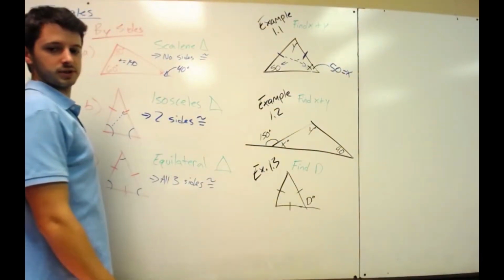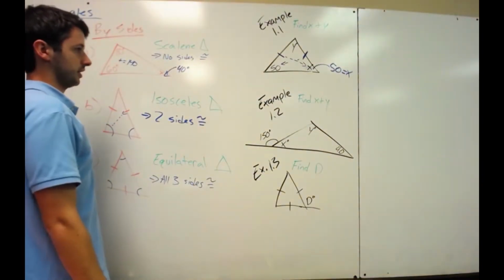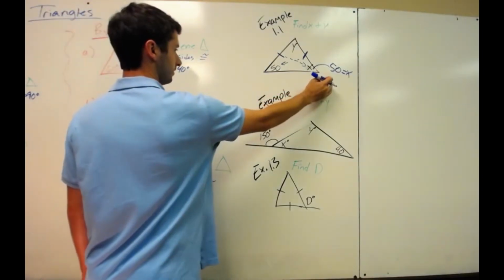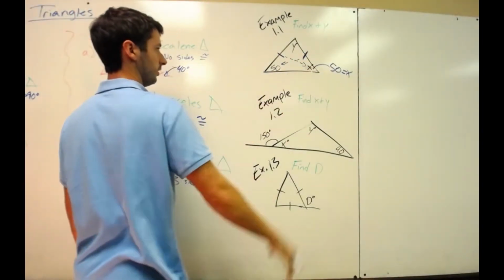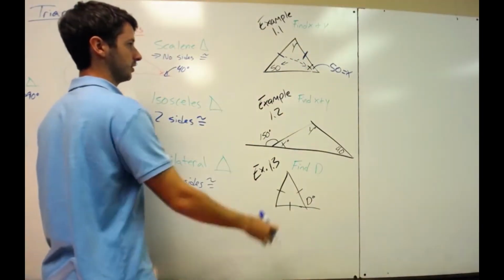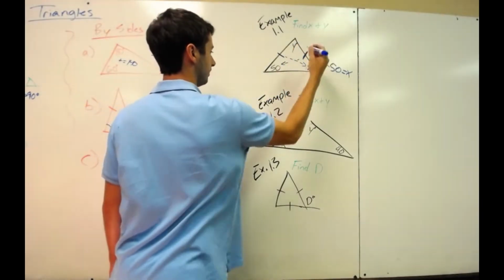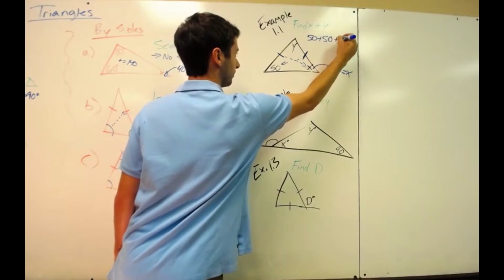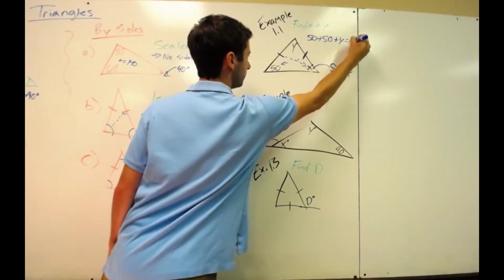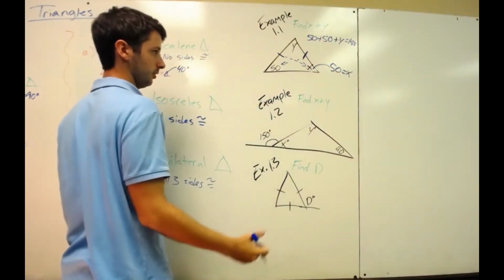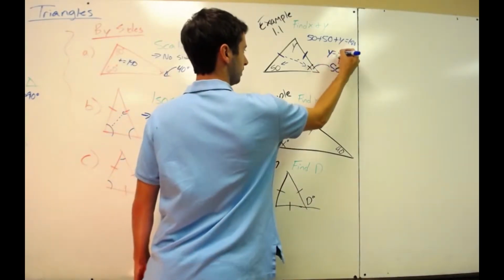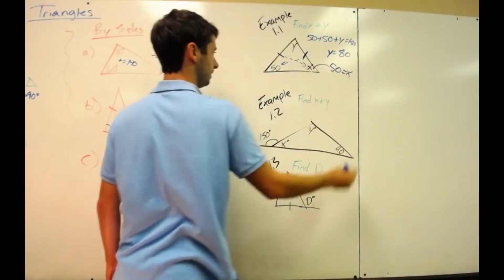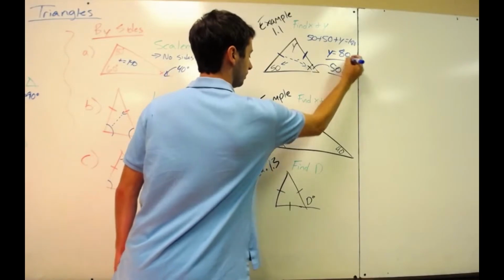Now we know two of the angles in the triangle, 50 and 50, so 100. We know that the angles add up to be 180, so therefore y, it would look like this algebraically. 50 plus 50 plus y equals 180. And then when you solve for that, you would get y equals 80. So you have your two answers there.